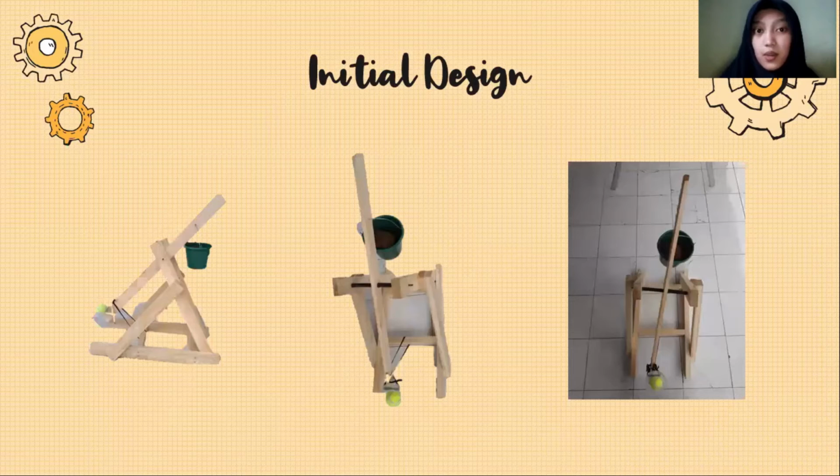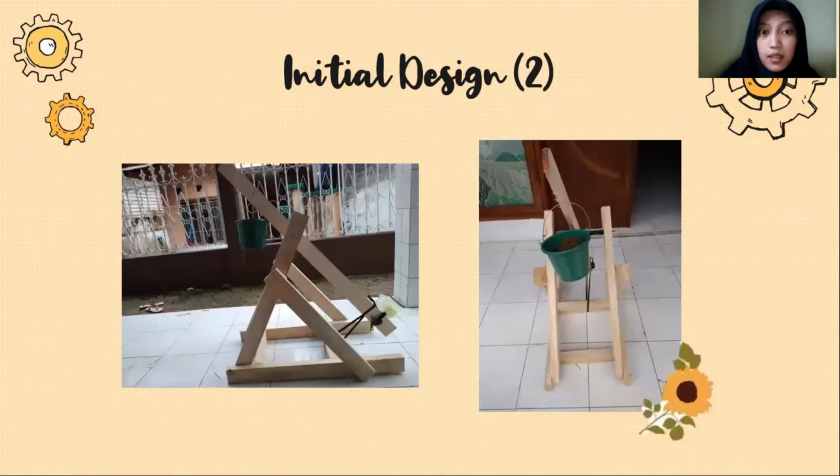Here is our initial design. We take pictures from different sides. Here is a different side also. As we can see in these pictures, the ratio of the load arm and the power arm is not very big.